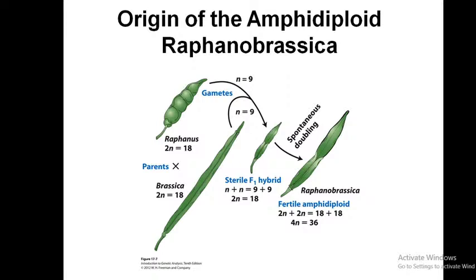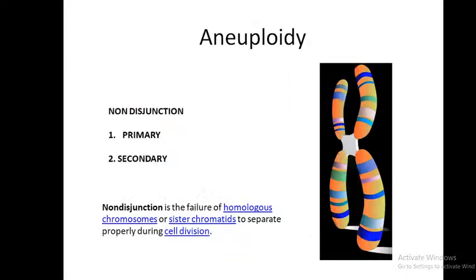Allopolyploidy results when hybridization between two different species is followed by somatic doubling of chromosomes. This is somatic doubling of chromosome number, or by the formation of unreduced gametes.